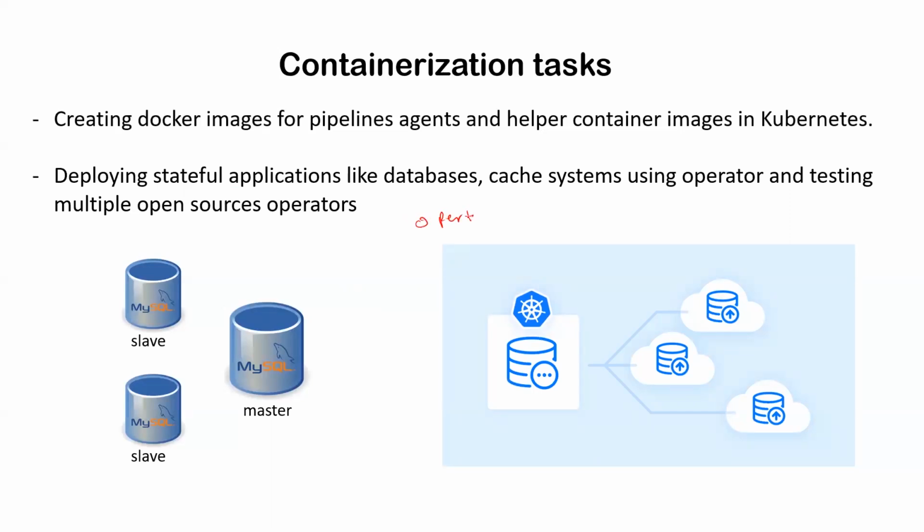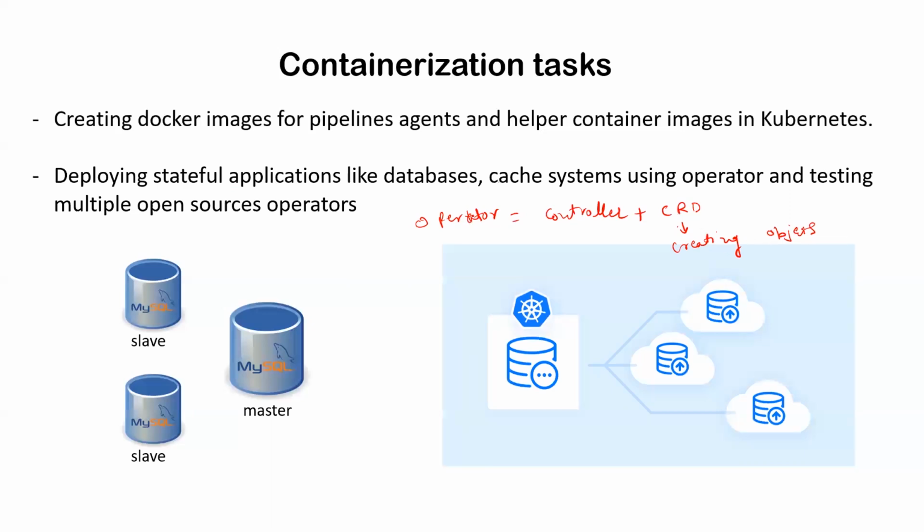Also, coming to operators, in simple terms, there are two parts in an operator. One is the controller logic, which will be a controller process running in our Kubernetes cluster. The other part is the CRD, custom resource definition. By using this custom resource definition, we create objects, similar to a deployment or a pod or any other object in Kubernetes.